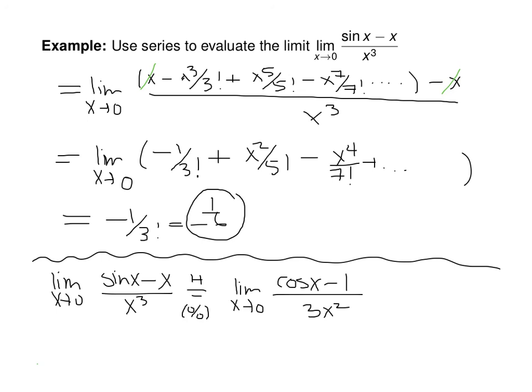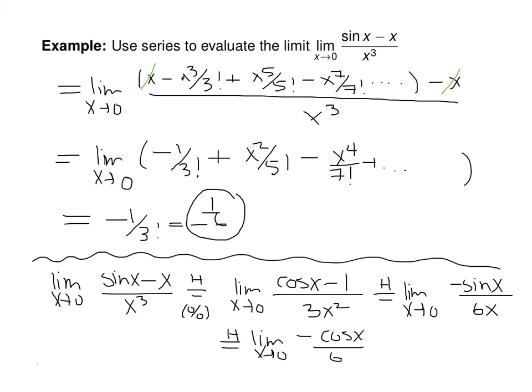And we can apply L'Hopital's rule again because this limit is still of the form 0 over 0. Cosine's derivative is negative sine, 1's derivative is 0, over 6x, and still 0 over 0. So one more application of L'Hopital's rule. We get negative cosine x over 6, and now we can input 0 and we also get negative 1/6.